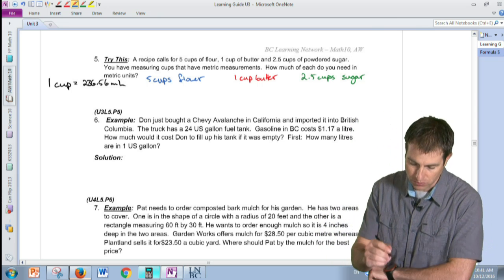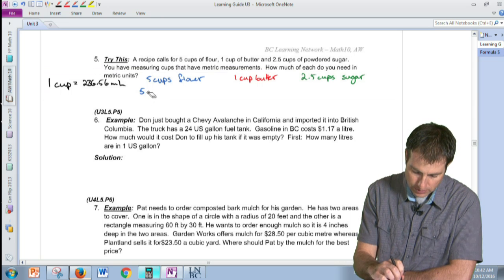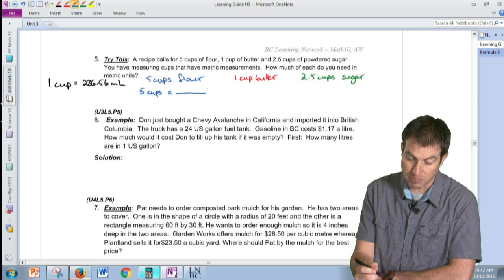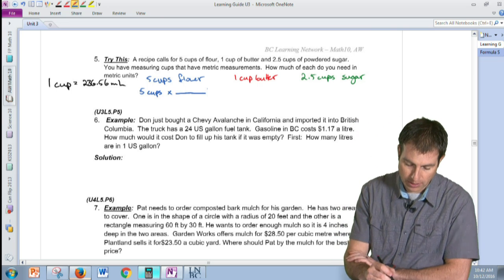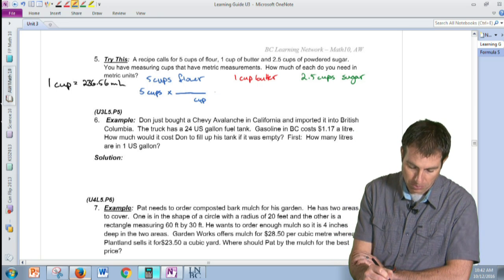Haven't done unit conversions for a while, but I'm going to remind you, if I have 5 cups and I want to multiply by something and get rid of cups, I'm going to put the thing that I want to get rid of on the bottom. So cup on the bottom, I'm going to put milliliters on the top.